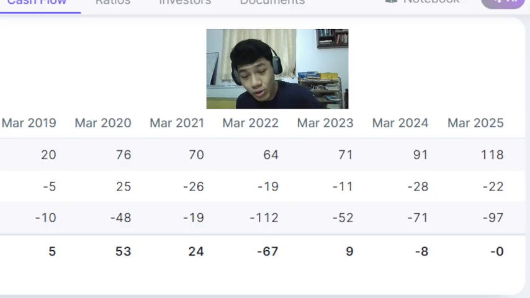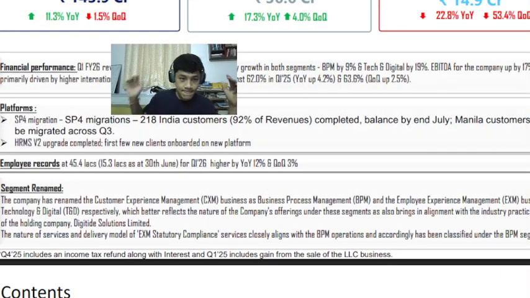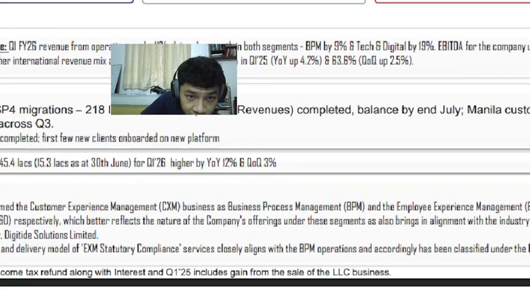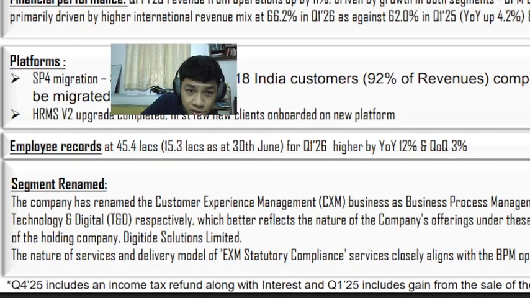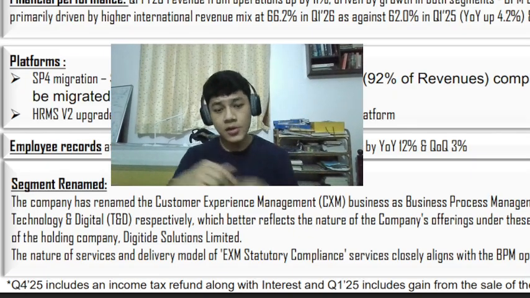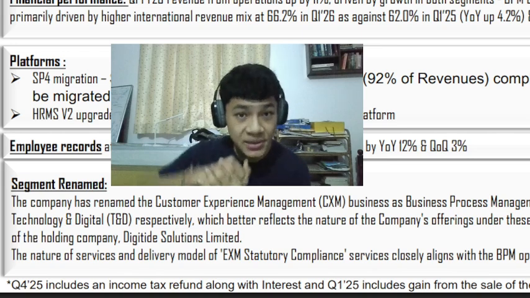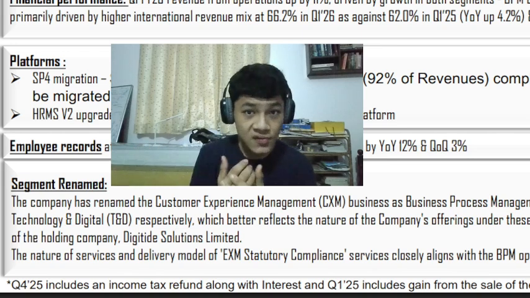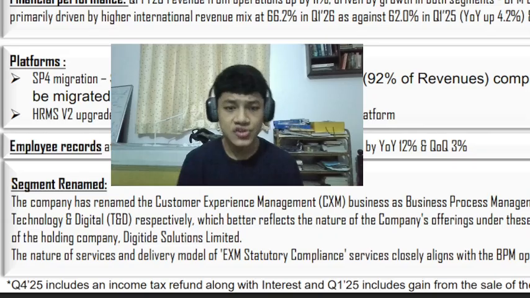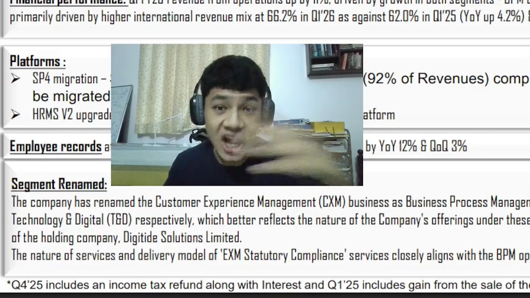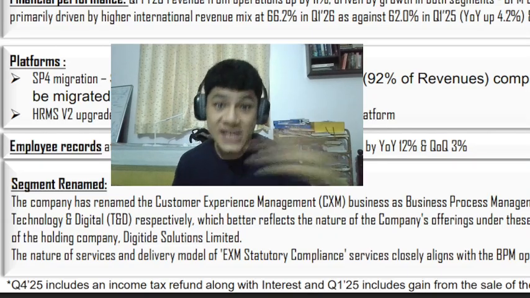Now let's take a look at what the company actually does. We have two segments, which they have recently renamed. They had this customer experience management, basically when they handled tasks on behalf of other companies, for customer management, customer support, talking to customers, developing chatbots for the company's websites to engage with customers.